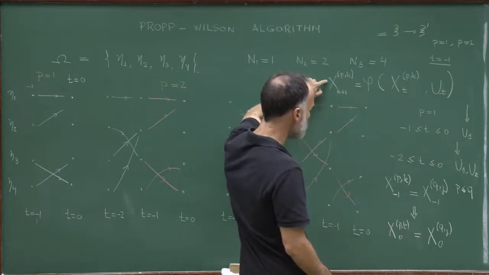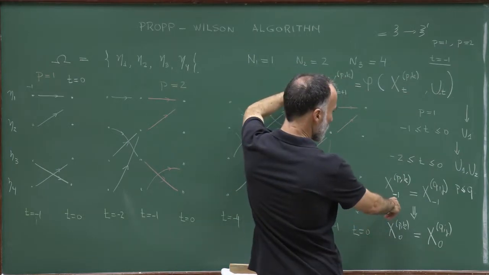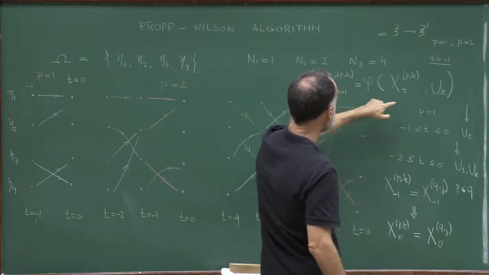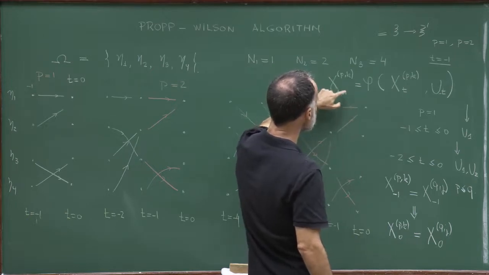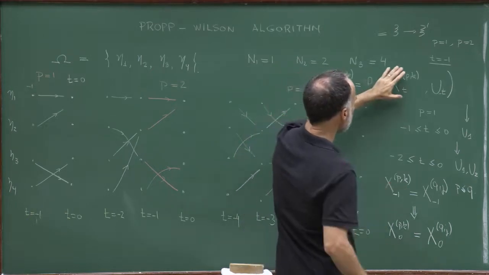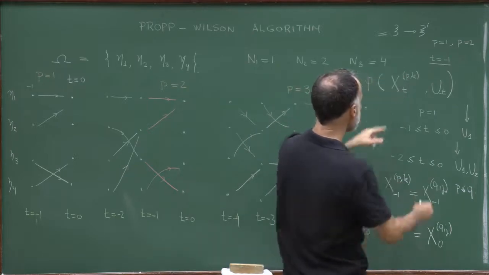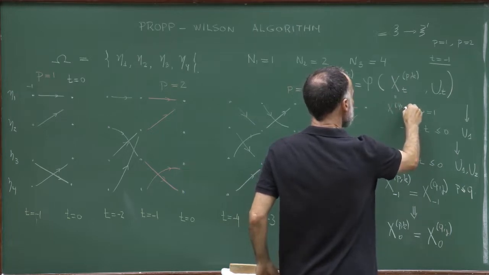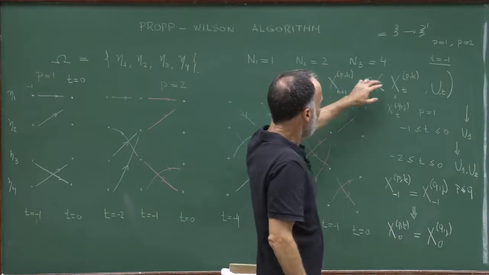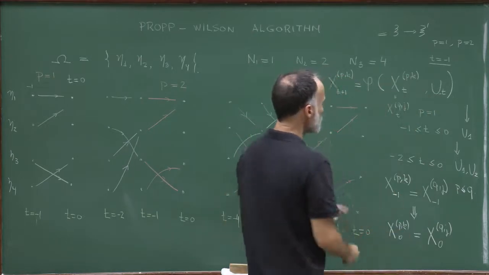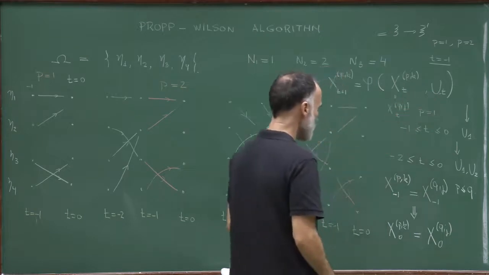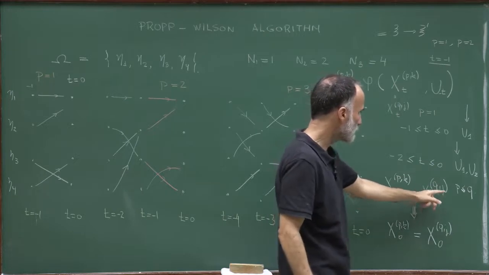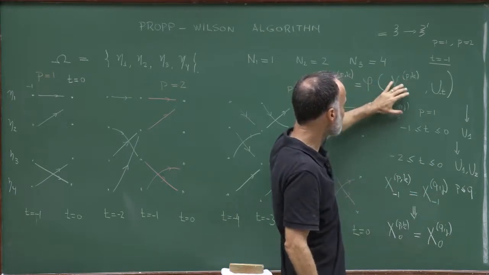Because to compute this value for this chain, I want t equal to -1, so this is 0. So I want the value at time 0 of the chain pk. So I'll plug that in. But at time -1, this object coincides with xqj, and for both of these chains I'm using the same random variable. So since xpk at -1 is equal to xqj at -1, the first coordinate will coincide.